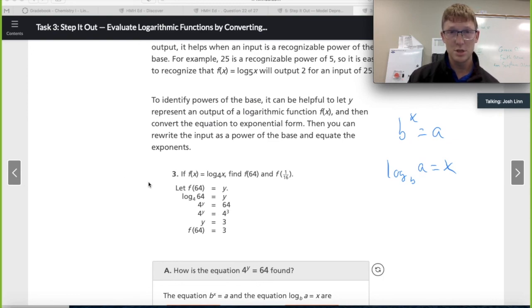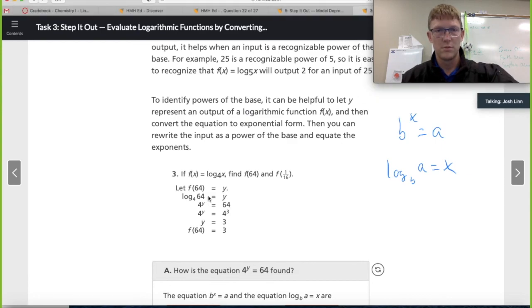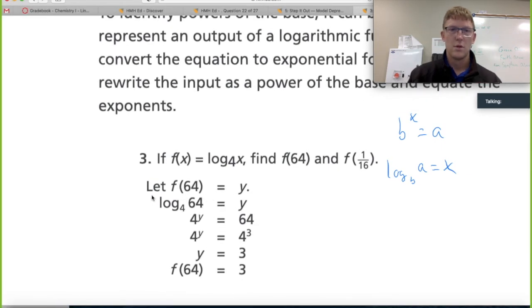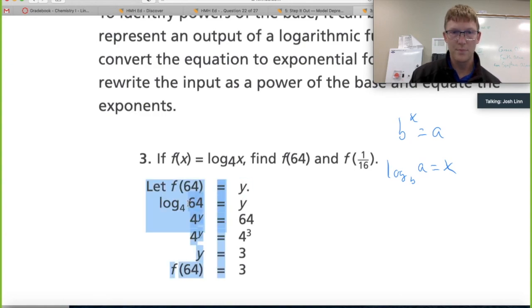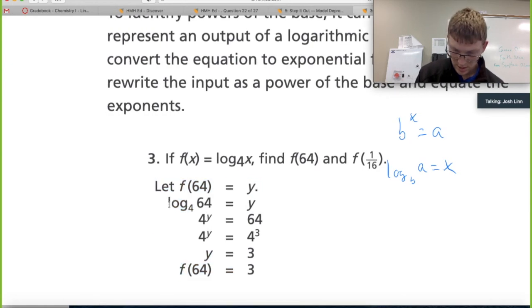So in order to do this, let's let f of 64 equal y. And then, let's zoom in a little bit here. So then we've got log base 4 of 64 equals y. So here we are right there.